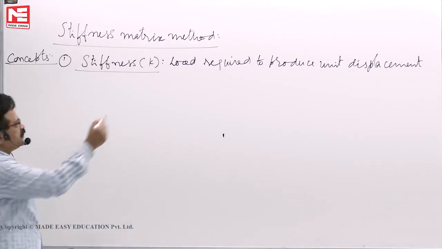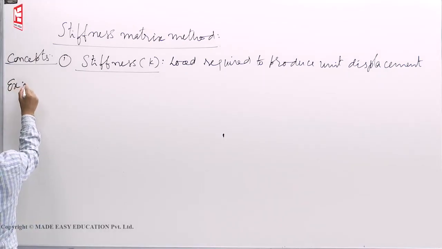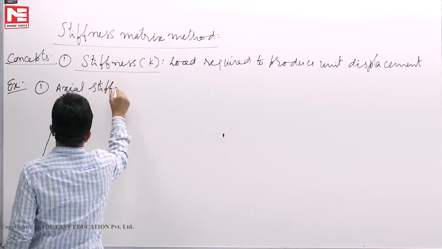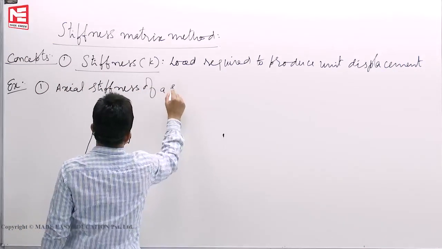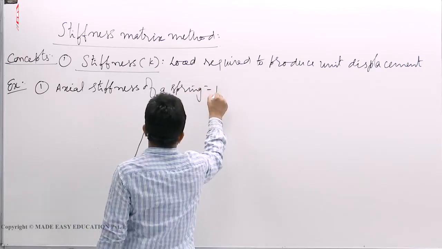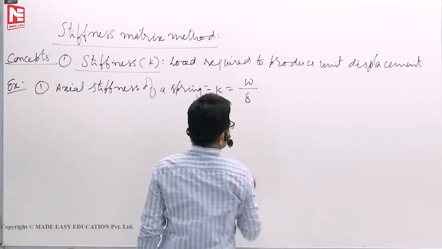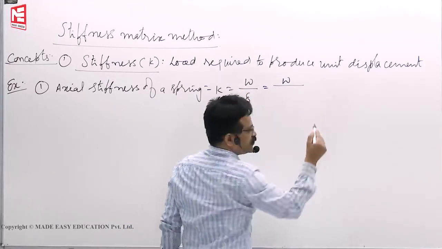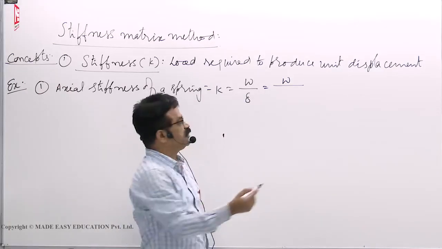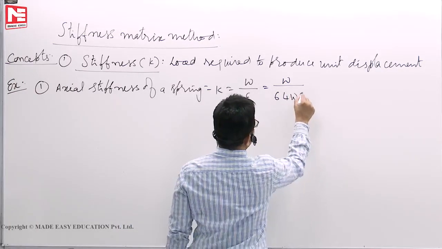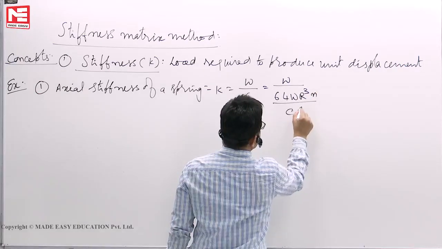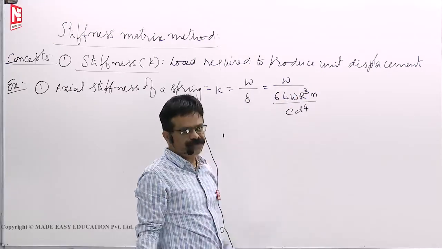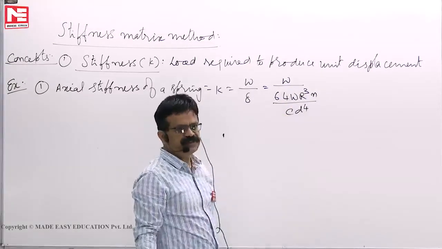Now we have studied in strength of materials the axial stiffness of a spring. You call it K. Load required to produce unit displacement means W by delta. You have studied the helical spring deflection. What is that deflection? 64 W R cube N by C d to the power of 4, or G into d to the power of 4; C and G, anything we can use there.